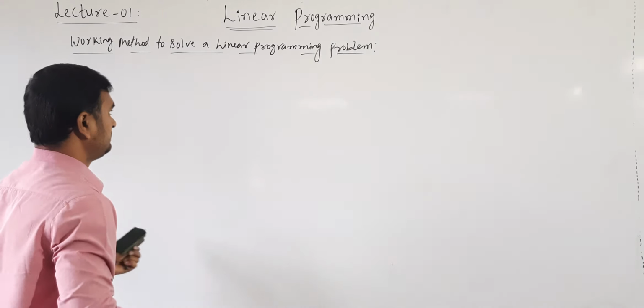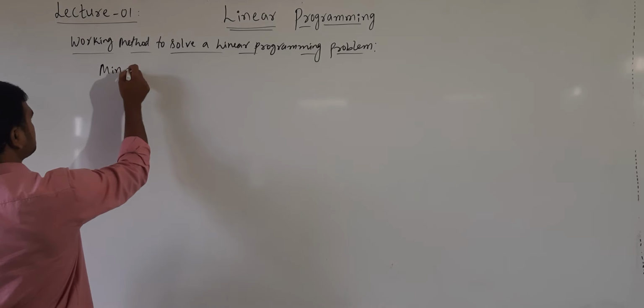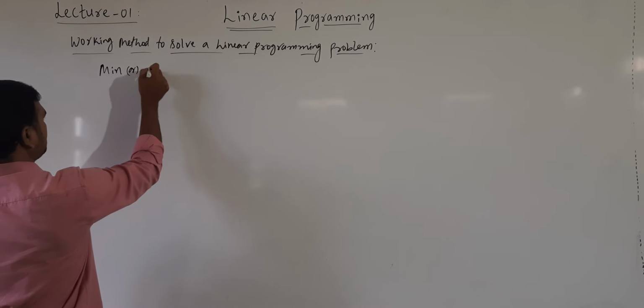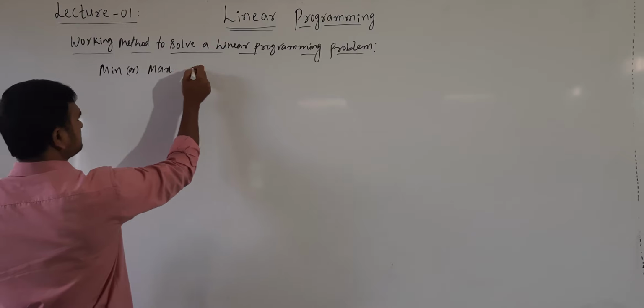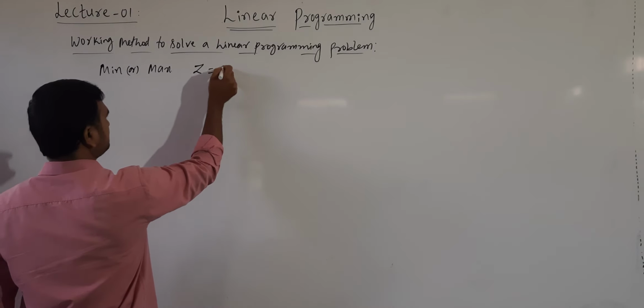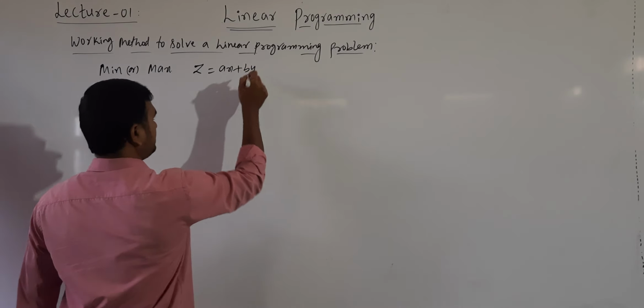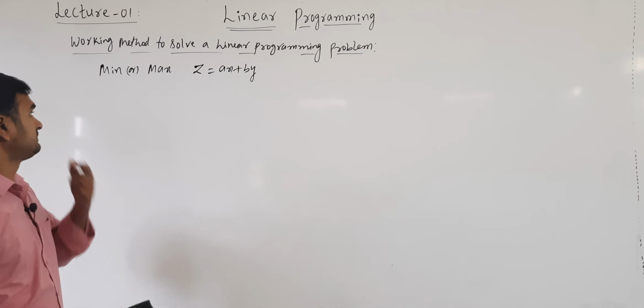Okay. So, here there will be some objective function given. We have to minimize or maximize the objective function z equal to ax plus by given. Understand?